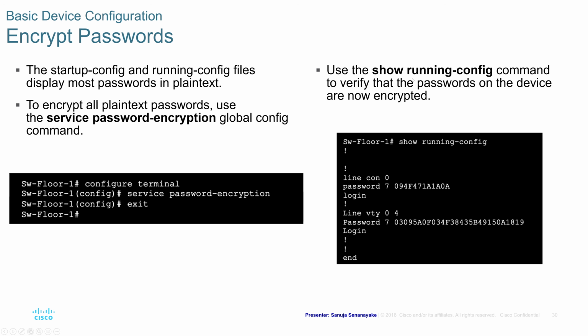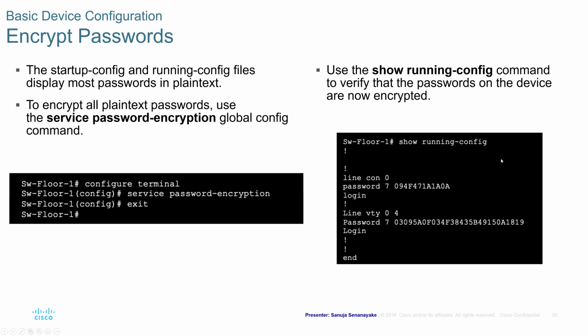Then if you use the show running-config command, you will see that the passwords on this device are now encrypted. Please keep in mind the Cisco IOS uses the same encryption algorithm to encrypt these passwords, and these are not really secure if somebody were to copy these numbers and reverse engineer the password.